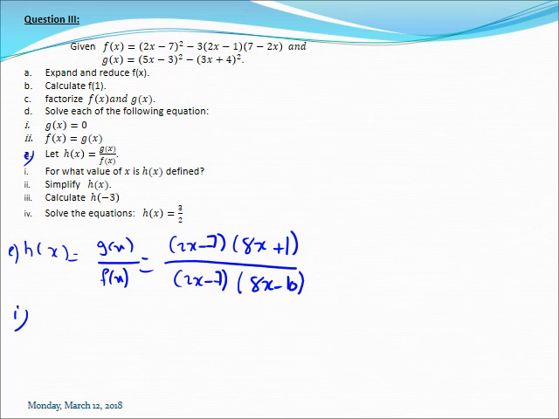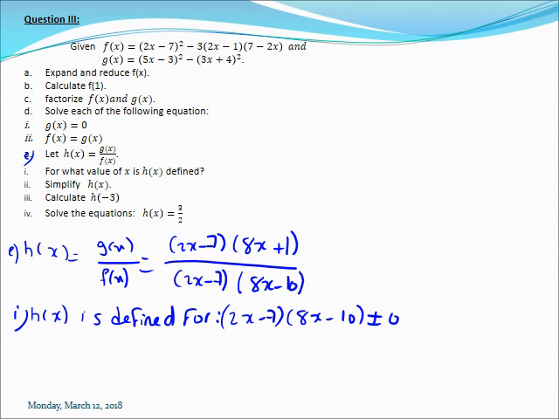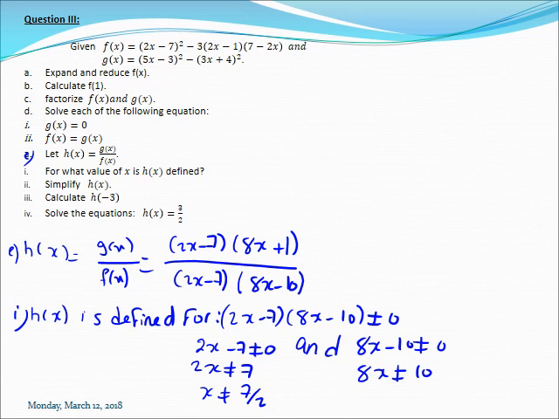First, for what values of x is h of x defined? h of x is defined for (2x minus 7)(8x minus 10) different than 0. 2x minus 7 different than 0, 2x different than 7, x different than 7 over 2, and 8x minus 10 different than 0, 8x different than 10, x different than 10 over 8. So x different than 5 over 4.